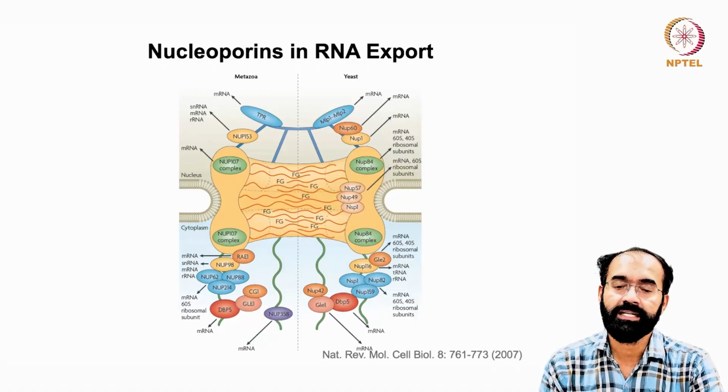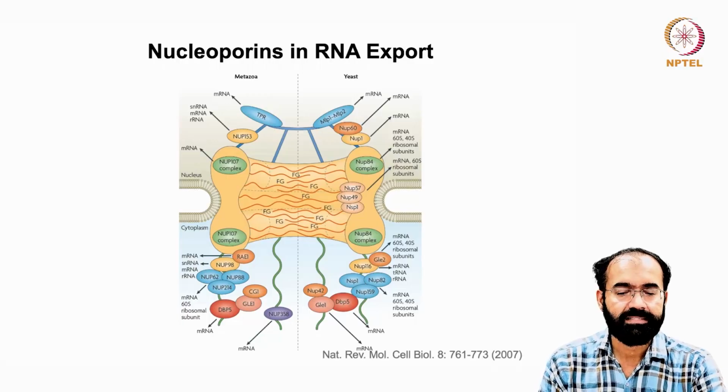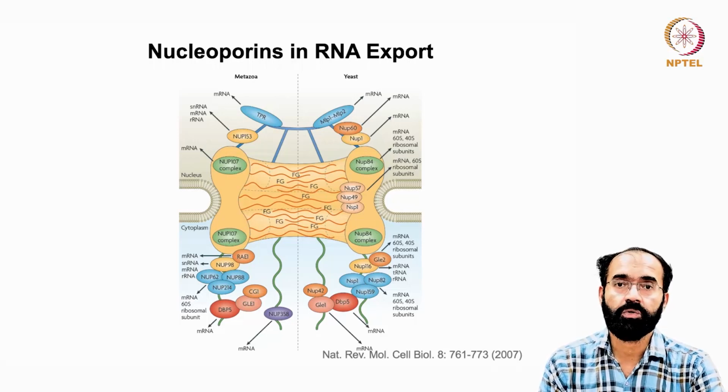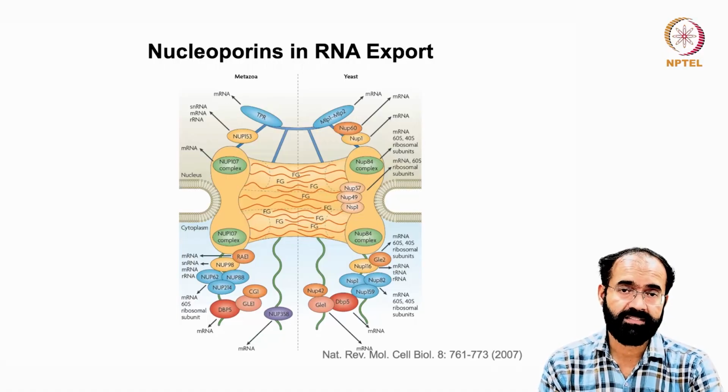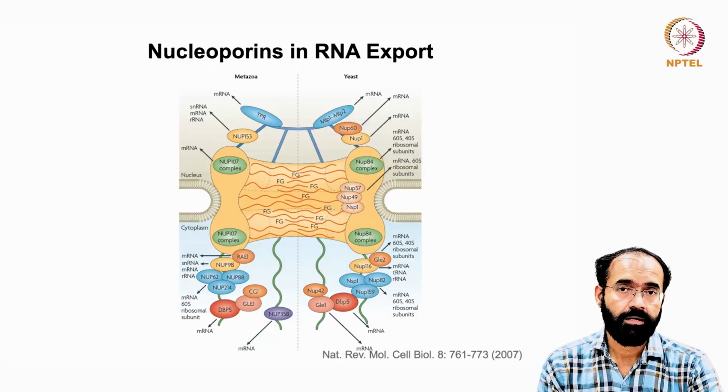There are mainly three different categories of proteins in the nuclear pore complex. The ones which provide structural support do not play any role in the transport of the RNA cargo, but they just hold the nuclear pore complex in the membrane.